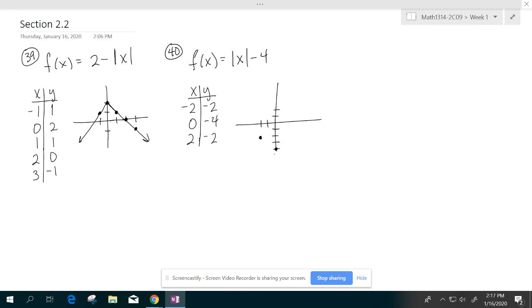Y-intercept. This particular point is the y-intercept. It's where it crosses the y-axis. And then if I go over to the right 2, I'm still going to be down at -2. Can you see the V? I see it.